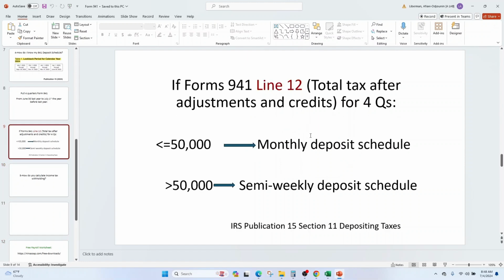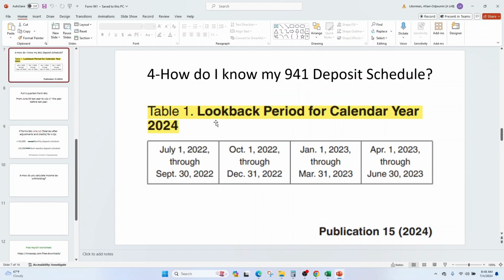So if your business is new, you are a new employer. That means for your look back from July 1st, 2022 to June 30th, 2023, you were not an employer back then.